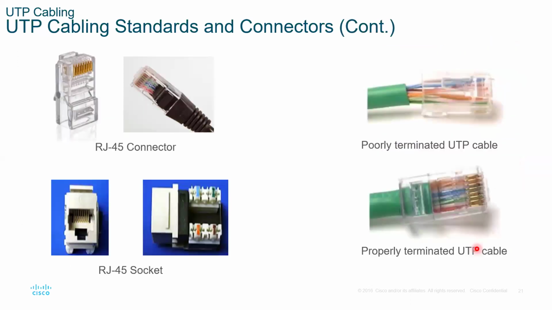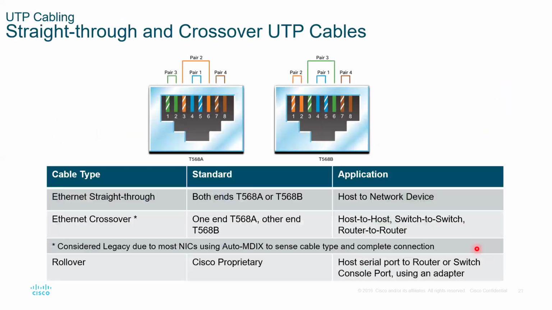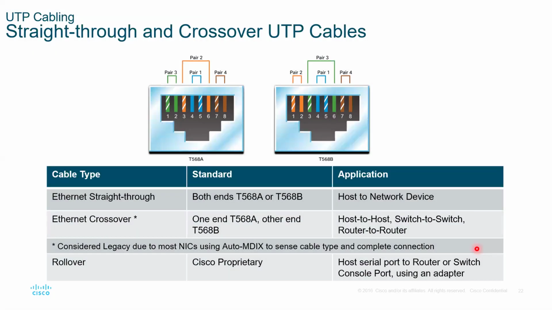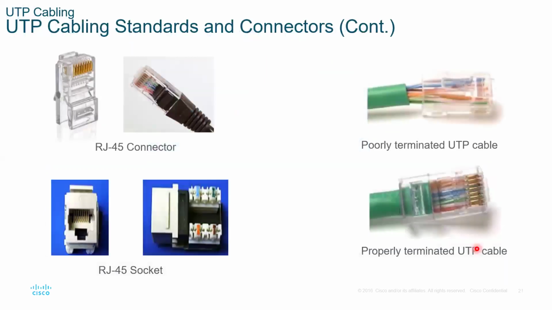All right, the connectors here for UTP. We have the most common one, RJ45. We also have, let me see, the RJ45 only. Okay, so we have our connector here, then we have our port. This connector here.